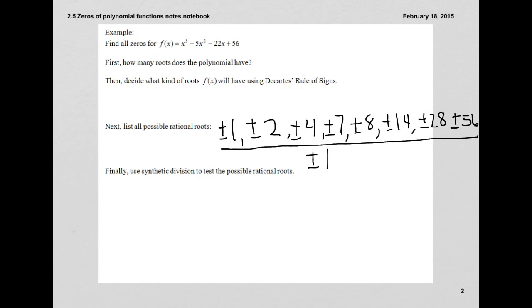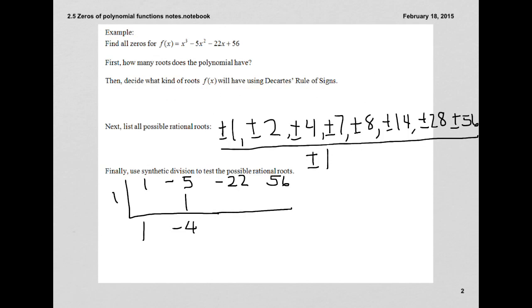Well, let's go ahead and start with 1. So I put my 1 out in front, write out my polynomial by coefficients, so that's 1, negative 5, negative 22, and positive 56. Okay, I bring down the 1. 1 times 1 is 1. Negative 5 plus 1 is negative 4.